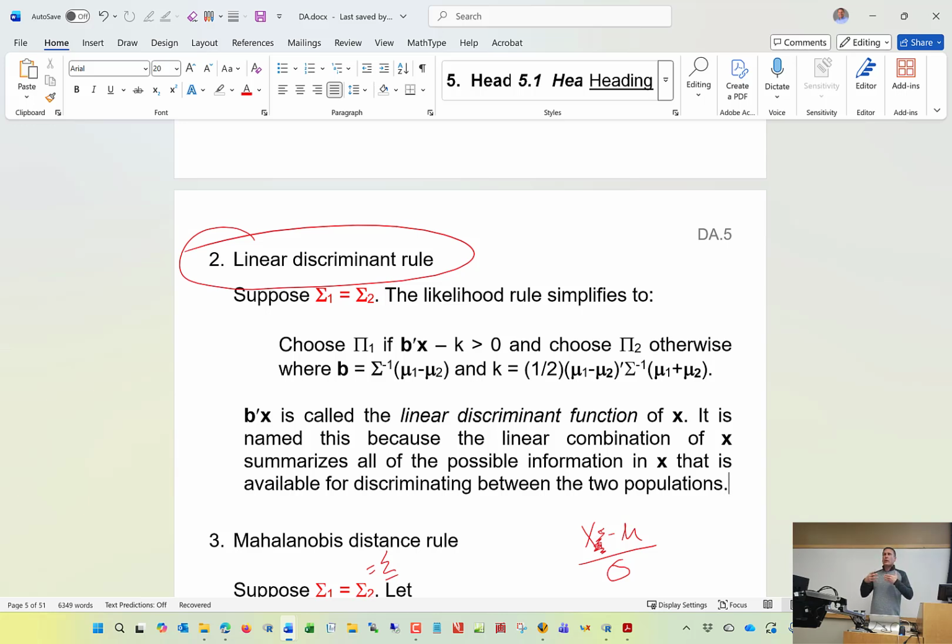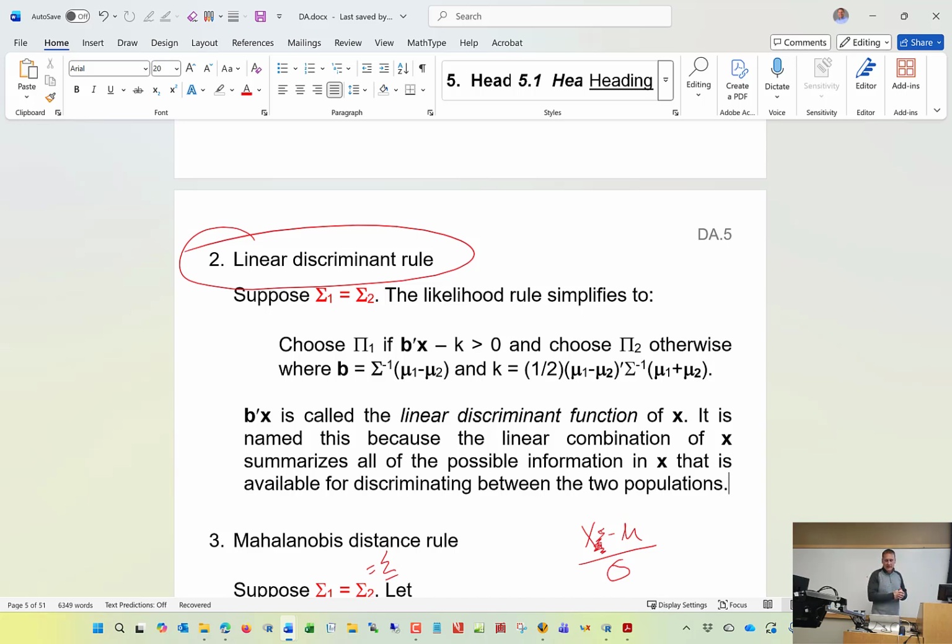It just gives you another way to do exactly the same thing that we've been doing in terms of saying this is predicted group 1, this is predicted group 2. This used to be the way that people would focus on teaching discriminant analysis. I went away from that about 10 years ago and focus more on the Mahalanobis distance rule and also the posterior probability rule. Usually in the past, I would say this is just a different way to do this stuff and move on.